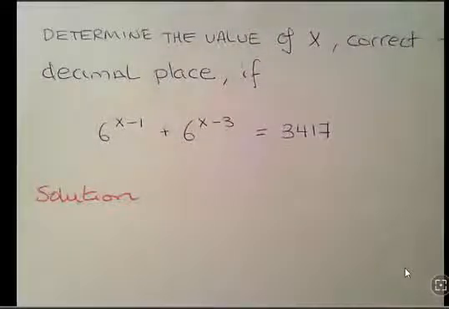So 6 to the power of x minus 1 plus 6 to the power of x minus 3 equals 3,417. The numbers are a little more awkward, so this problem is a little tougher.